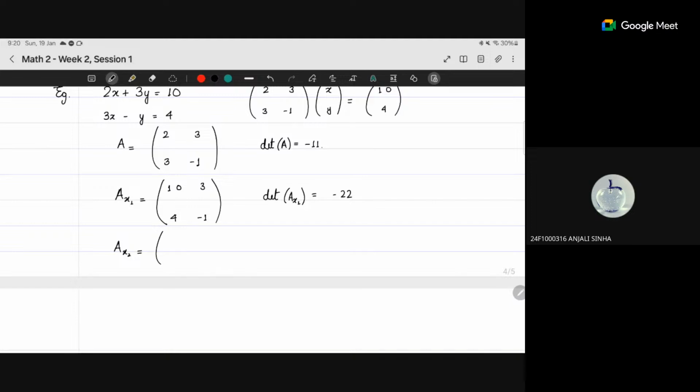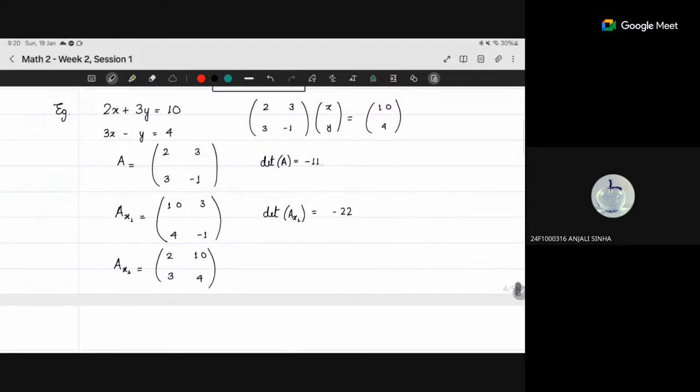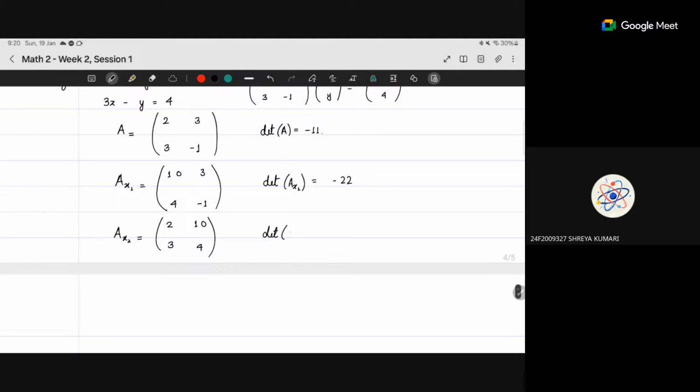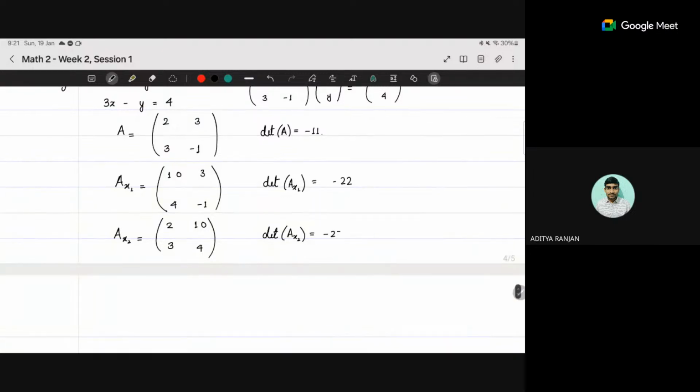The first column remains the same as A, but the second column will be replaced by the constant vector. So what is the determinant of AX2? Minus 22.